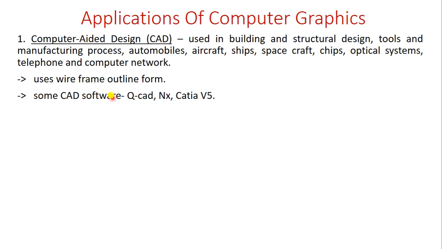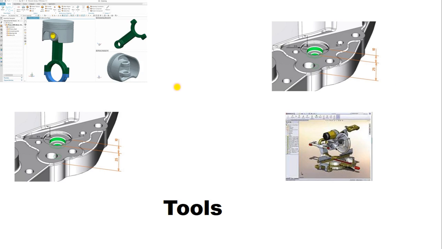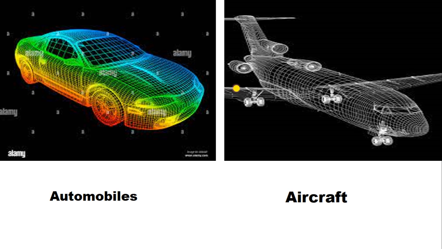Now I have written two points here. The first is that it uses a wireframe outline form. If you have noticed these two images, you can develop these automobiles and aircraft using CAD software, computer aided design. But one thing is common in these two images: you can see wire to wire connected, and it has made a whole design of an automobile, and a whole design of an aircraft or aeroplane.